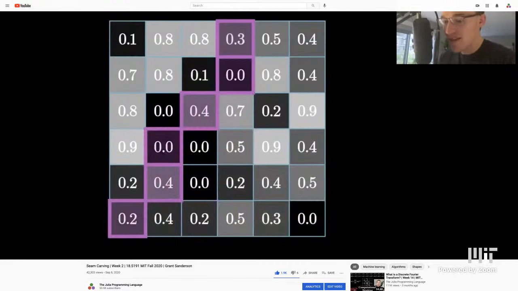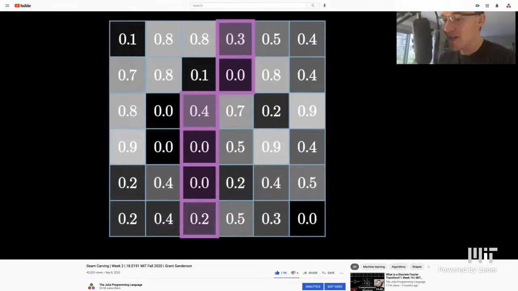But if we notice what's actually going on here, there's a lot of repeated computation in doing all of these. So for example, while it's searching through these paths, on this one, it has to add up 0.3 plus 0.0 plus 0.4 plus 0.0 on and on. And then on the next one, it takes pretty much the same sum, but it's only changing that last part.